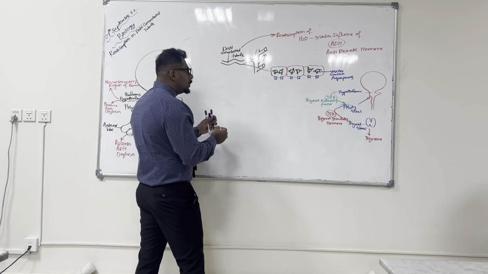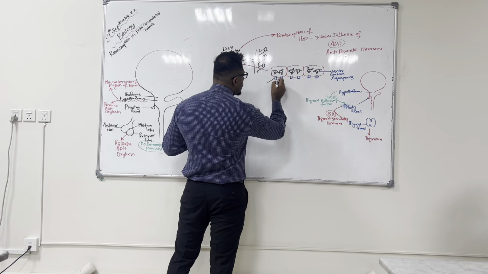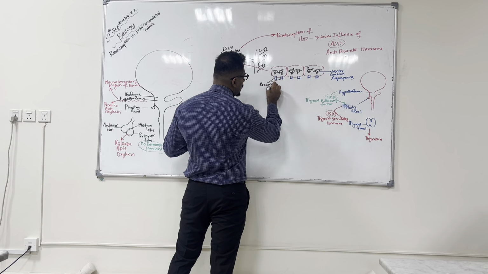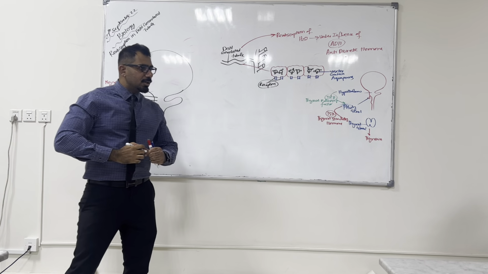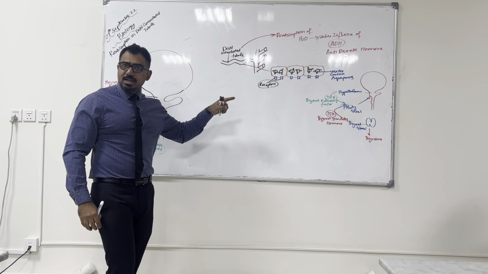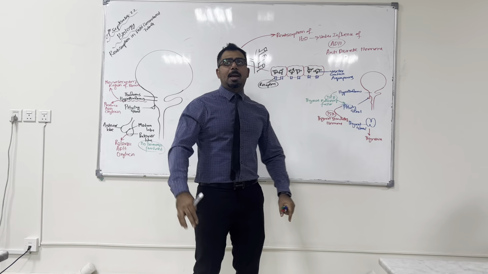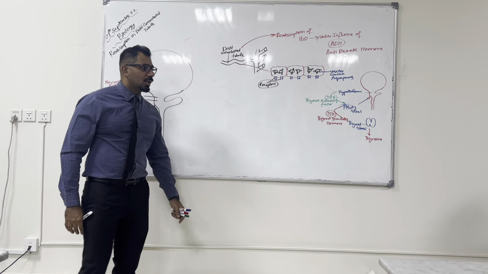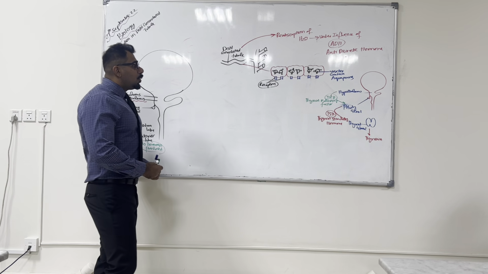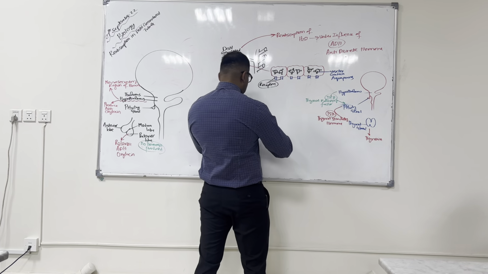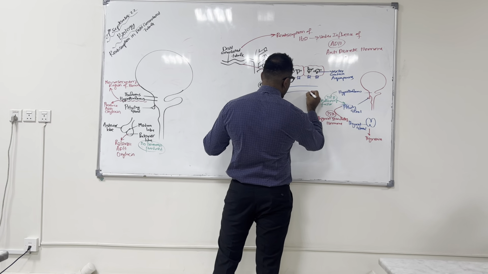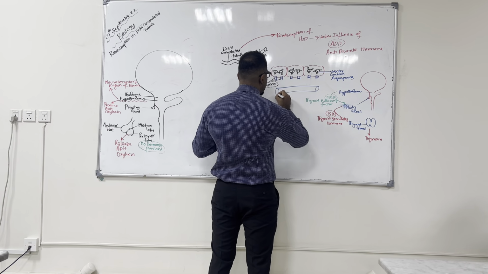So what did I do? I drew these receptors, right, on the outer surface, the basal surface, of the epithelium of the distal convoluted tubule. Now what will happen? Over here, let's suppose that this is the blood vessel, a blood capillary, right?